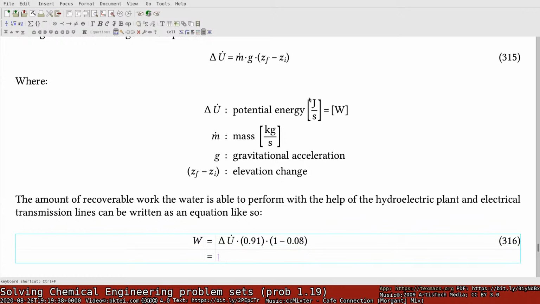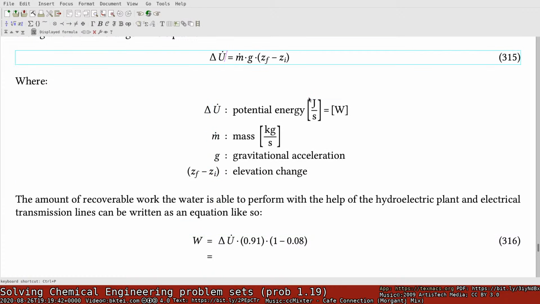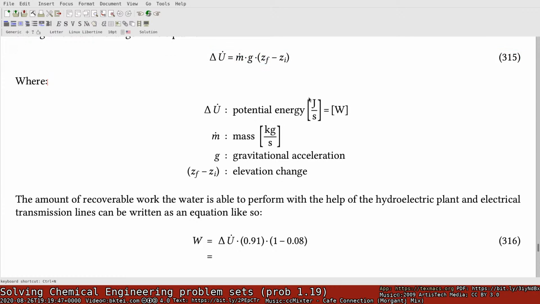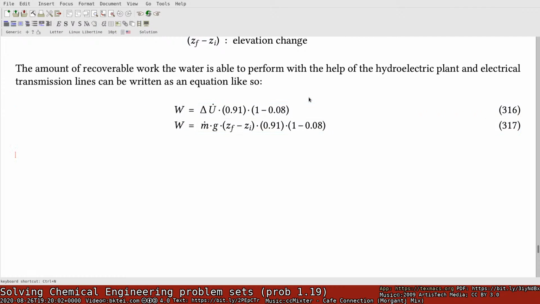So if we write this out, okay, so that's the amount of work that must be done, that must be performed.